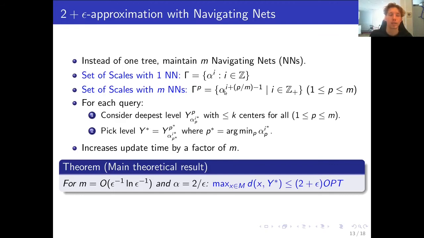And again, to extract a solution, you would, for each of the navigating nets, consider the deepest level with less than or equal to k centers, and then from all of those levels you would pick the level which minimizes alpha to the i star_p, where i star is this exponent which is defined for each navigating net.